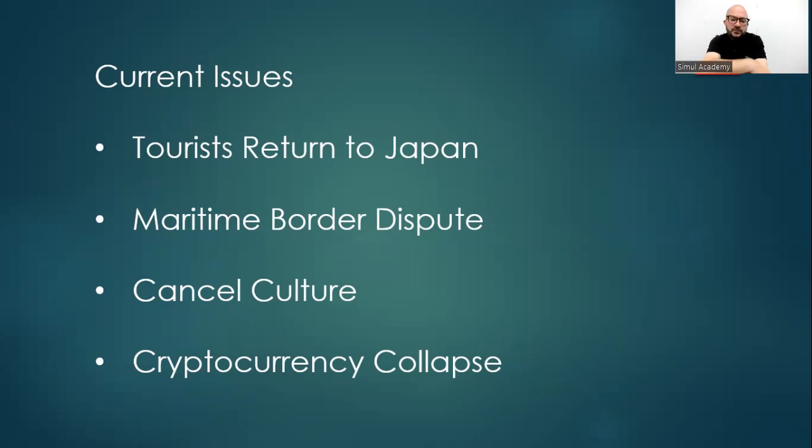So, for example, in the upcoming summer program, it will focus on tourists returning to Japan, a maritime border dispute, cancel culture, which is beginning to become a lot more prominent in kind of Western media, and also a focus on the collapse of cryptocurrency. And these issues will be covered either through a BBC news report or an article, a text-based article.